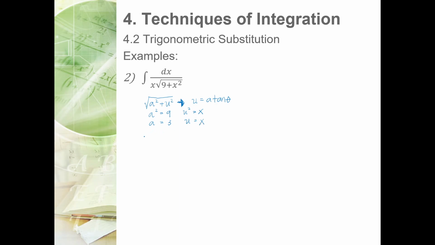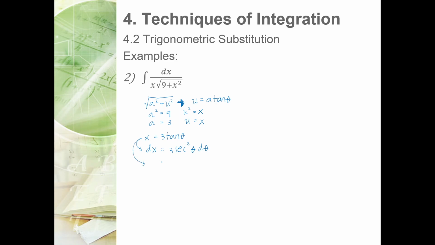Next, you utilize the formula. This gives us x equals 3 tangent theta. Then getting the derivative, dx is equal to 3 secant squared theta d theta.